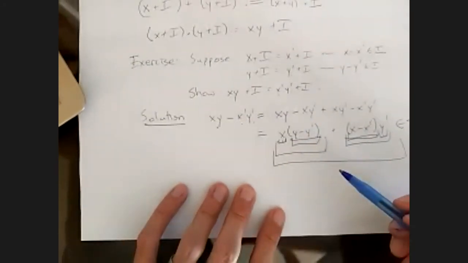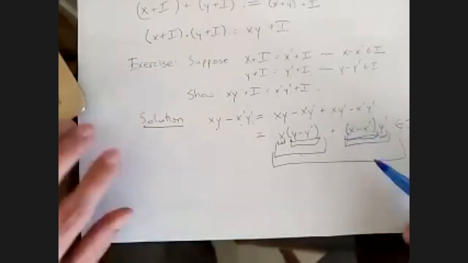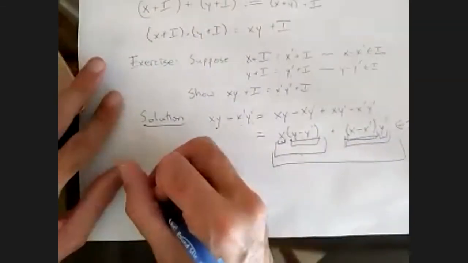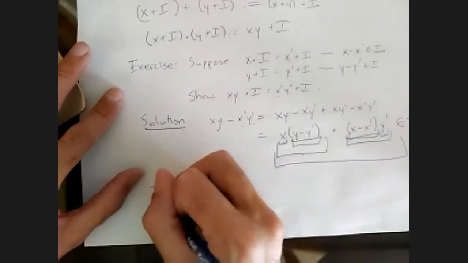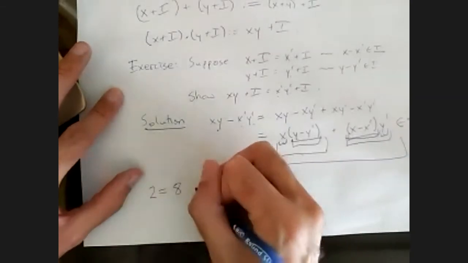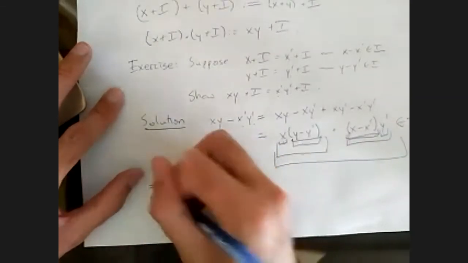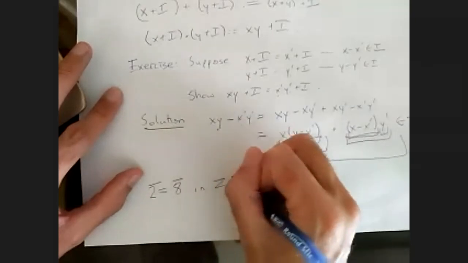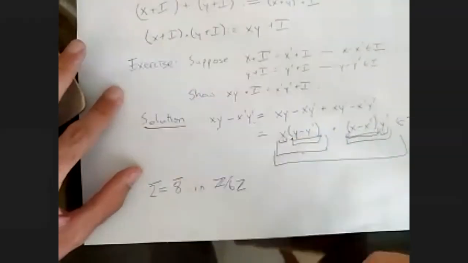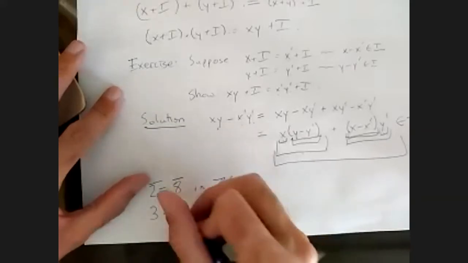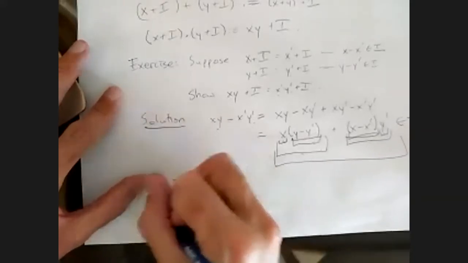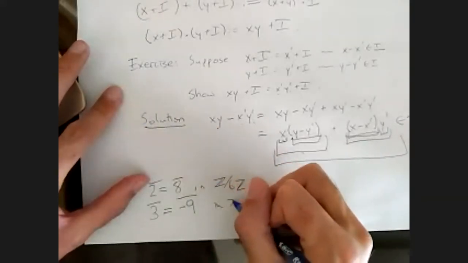Just to illustrate what is really happening, look at the integers mod 6. We know that 2 is the same as 8 mod 6, and we know that 3 is the same as -9 in Z mod 6Z.